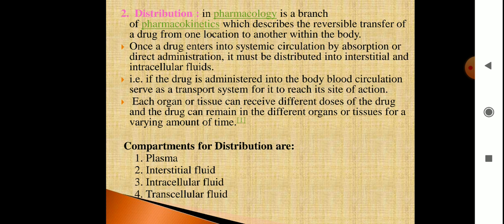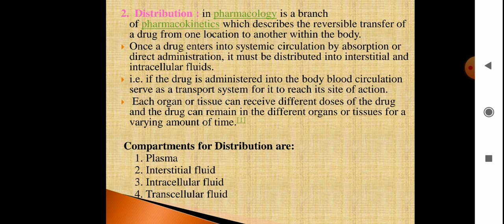Next one is distribution. Distribution means, when you take or administer the drug, first it goes through the absorption process. After that, it should be distributed throughout the body, then only it will give the effect, right?